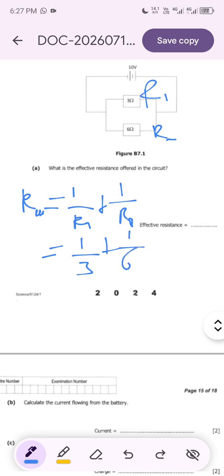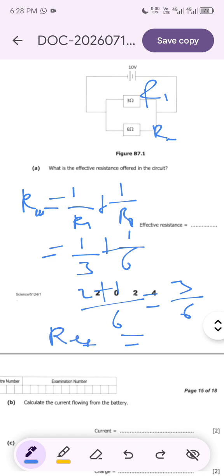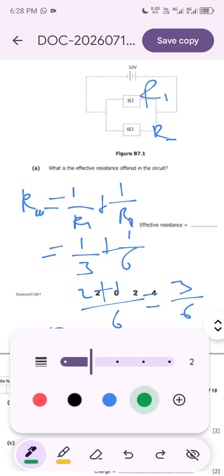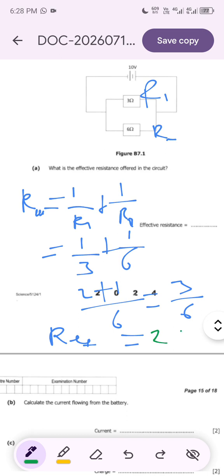So we can just find a common denominator here, which is 6. 3 into 6, that's basically 2 times 1, 2, plus 6 into 6, that's basically 1 times 1, that's 1. And then we are going to have 3 over 6. And then effective resistance is going to be 2 ohms.